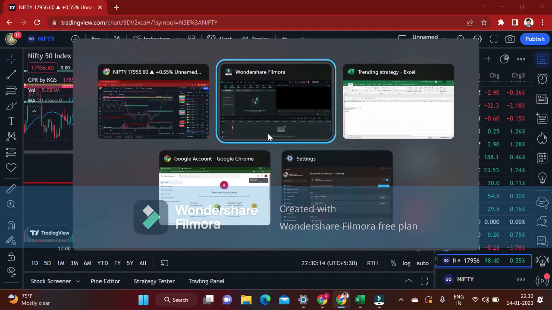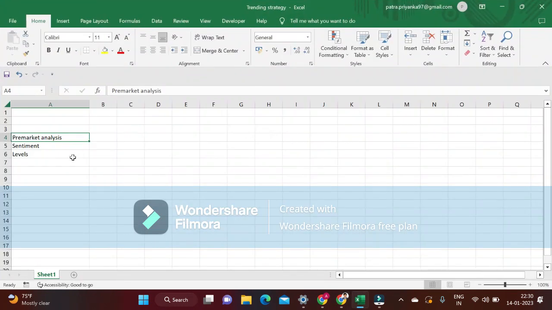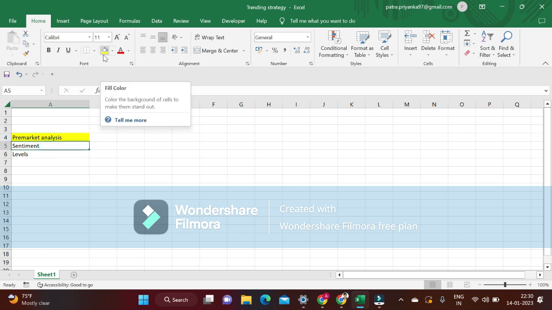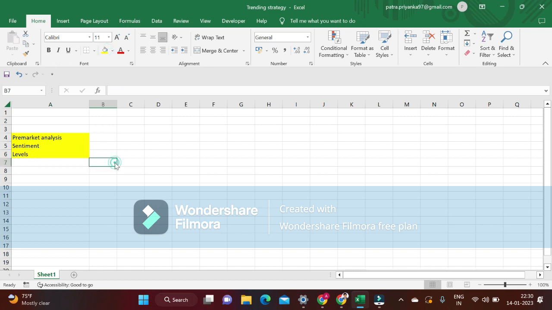There are three things when you are going to trade. First, you have to do the pre-market analysis. Then you have to check the sentiment analysis at the global level. Then you have to draw the levels. So three things you have to check.